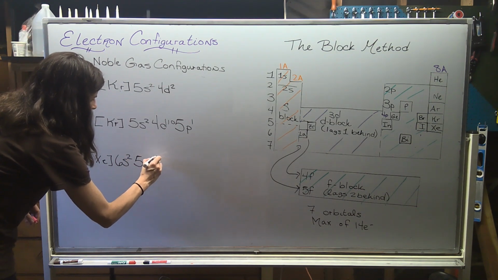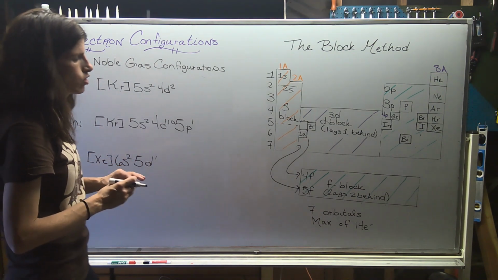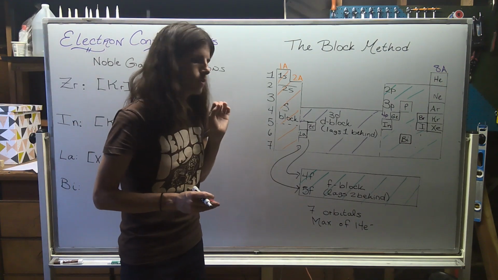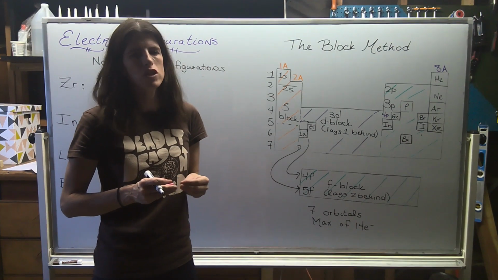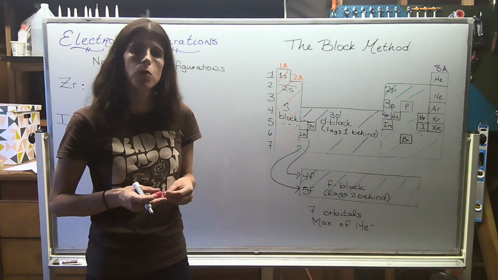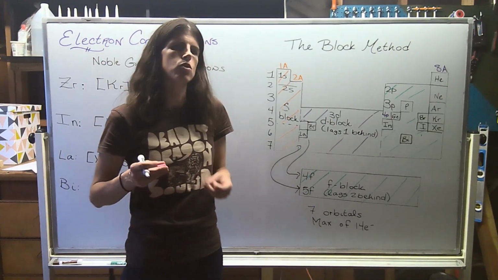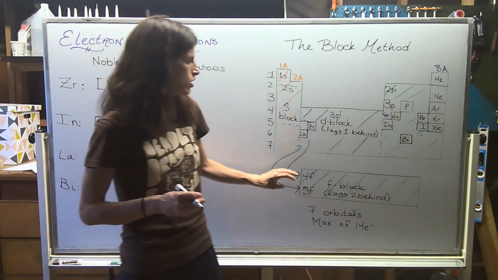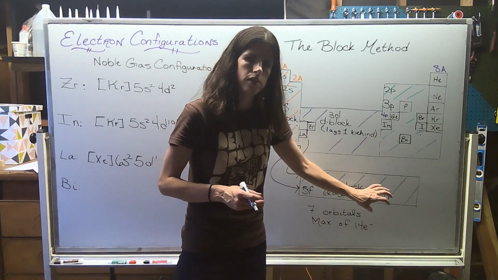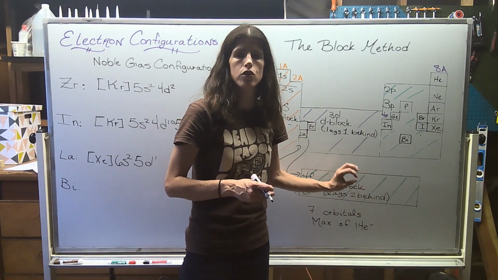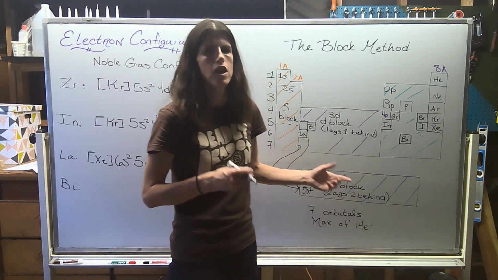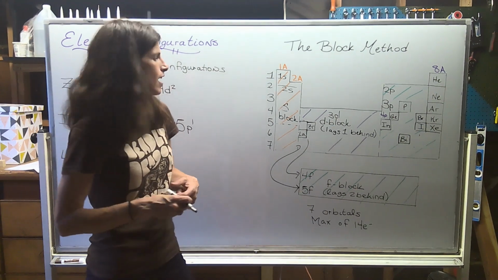The F block is super strange. Honestly, there are so many exceptions, and they're not very predictable with the F block. So I would definitely Google electron configurations of these. Look at a couple decent sources, compare what they say, because they do a lot of weird things down there.